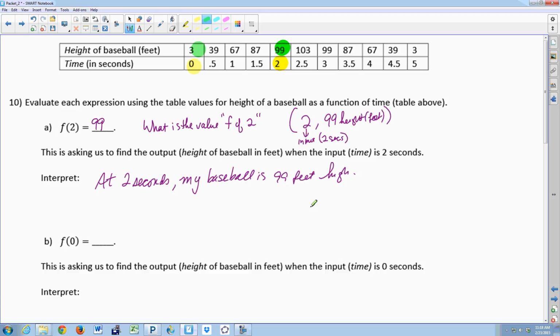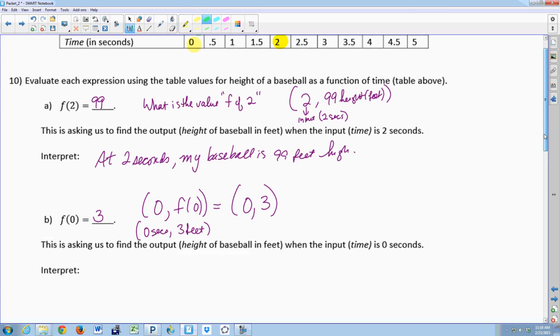It's just when I take my first measurement with whatever instrument I'm using, the height of my baseball is 3 feet above the ground. So you would write that as 0, f of 0, and then you could be more specific and say 0, comma 3. So again, this is 0 seconds, comma 3 feet.